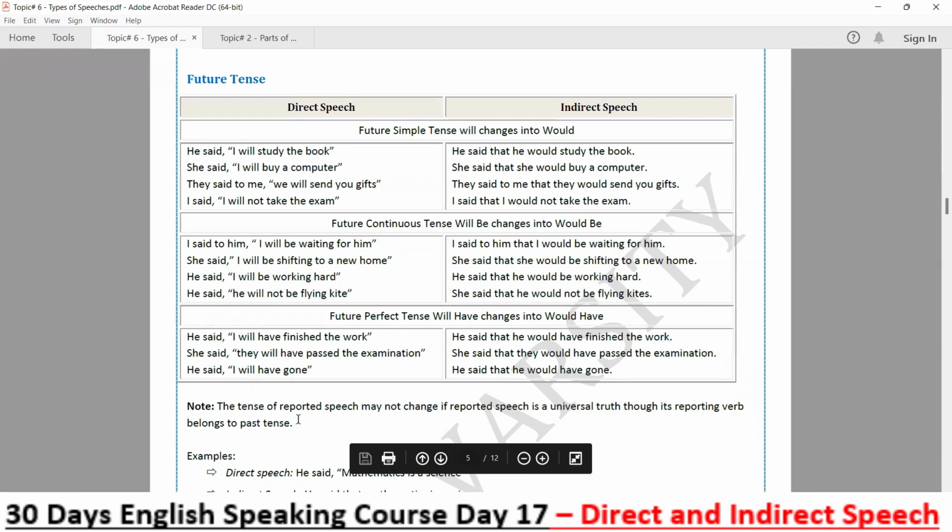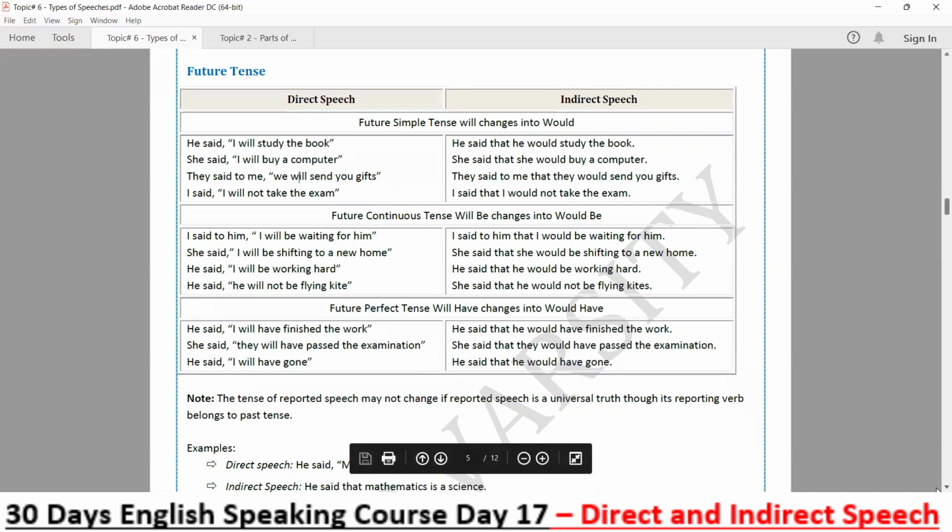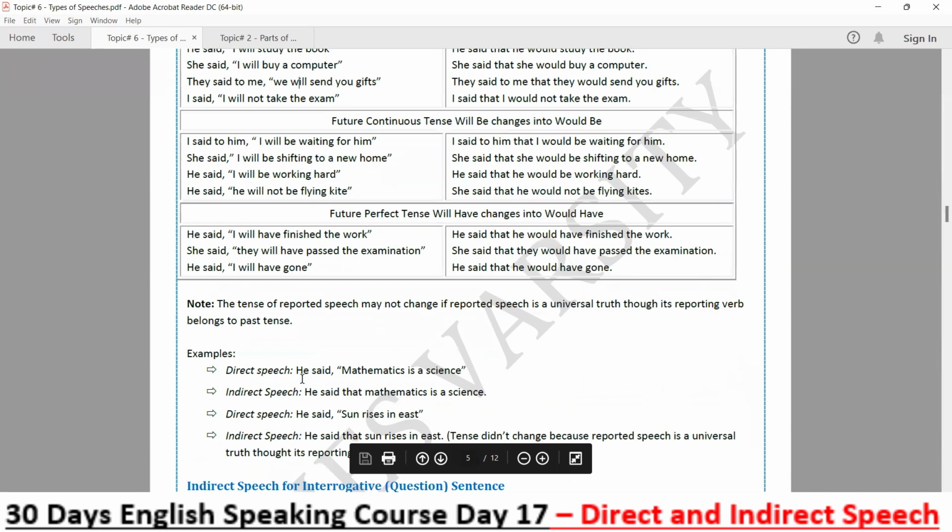Note: the tense of reported speech may not change if the reported speech is a universal truth, though its reporting verb belongs to the past. For example, he said, "Mathematics is a science." In indirect speech, he said that mathematics is a science.